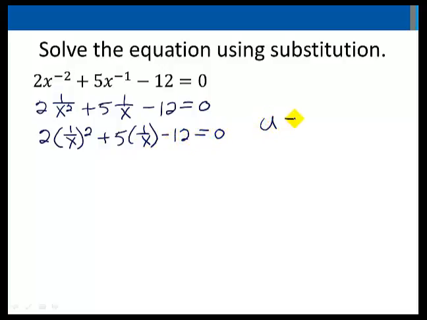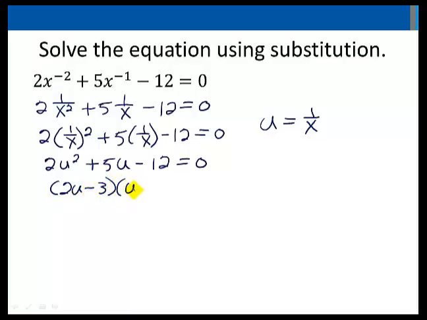Here u will be equal to 1 over x, and I can write my equation as 2u squared plus 5u minus 12 equals 0, factoring into 2u minus 3 times u plus 4 equals 0.